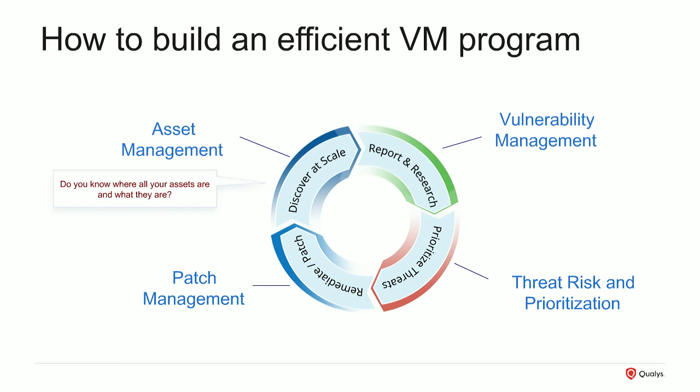You need to understand where those assets are, not only across your on-premise site, but also across cloud, across virtual cloud subscriptions, because you cannot secure what you don't know. Once you understand what you have, you need to have the technology and the practice to actually build a vulnerability view, a vulnerability posture, for each and every one of those assets.